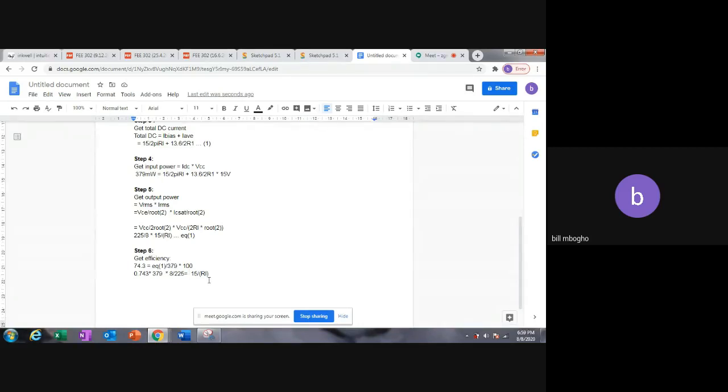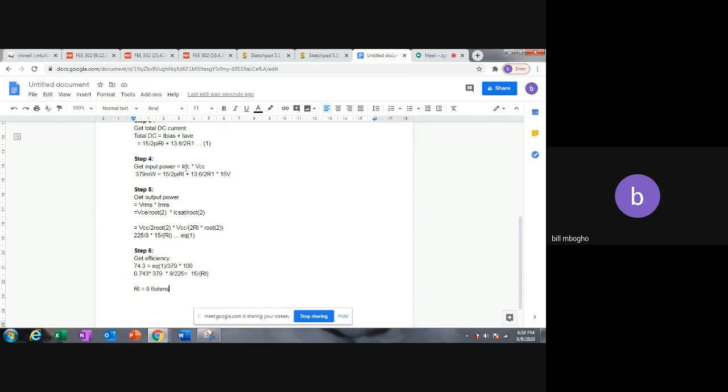So I found RL to be 9.6 ohms. Now the next part is to find R1.